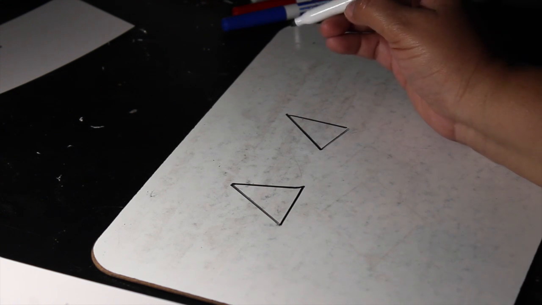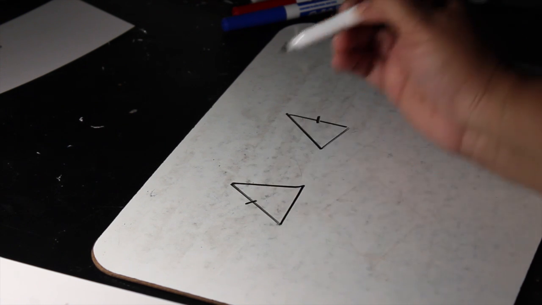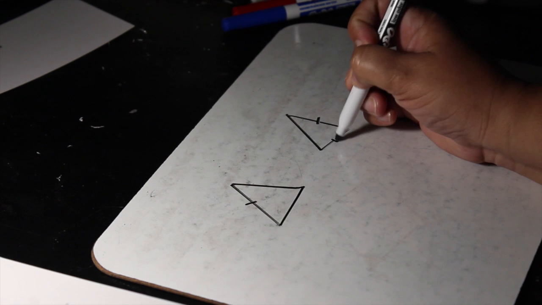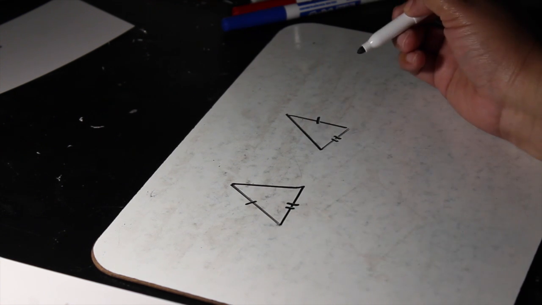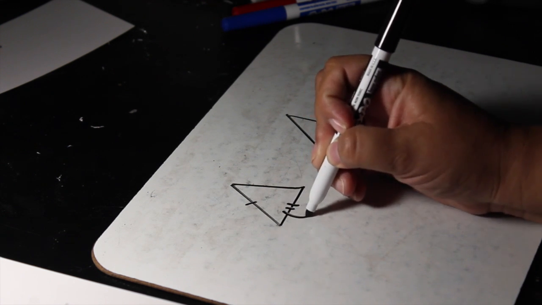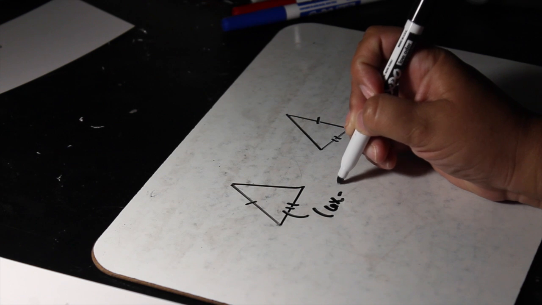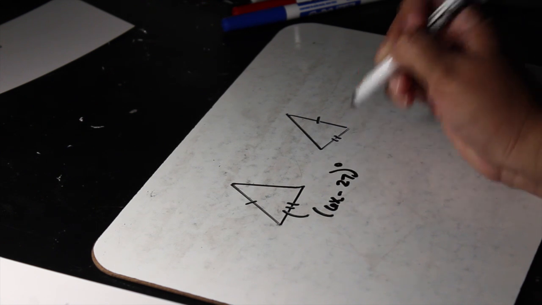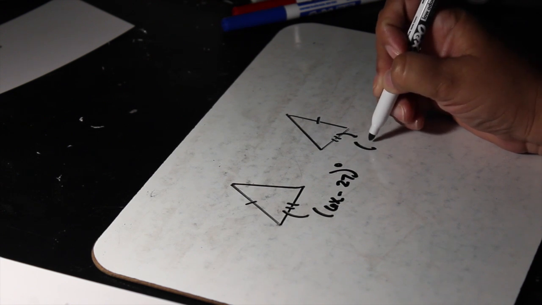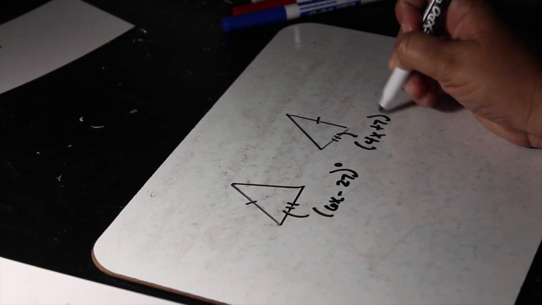Okay, so it shows that this angle here is congruent to this angle, and these two line segments are congruent. However, this line segment is represented by 6x minus 27 degrees, and this line segment is represented by 4x plus 7 degrees.